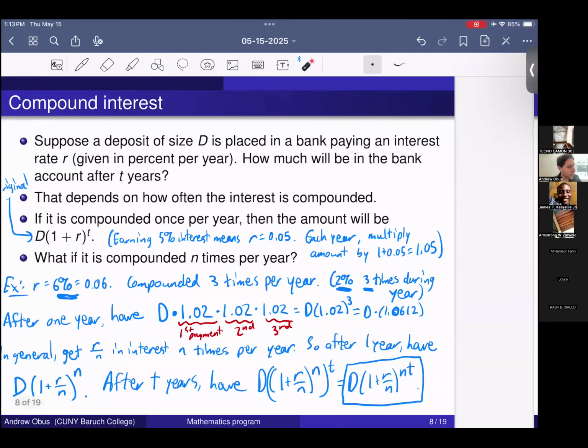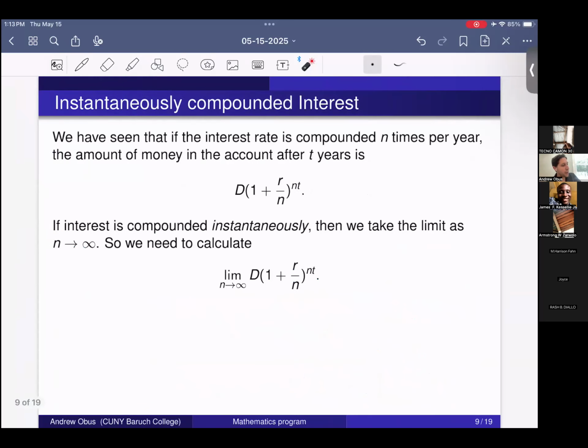Okay, so I'm going to write this on the next page. Right, so we've seen that if the interest rate is compounded n times per year, the amount of money in the account after t years is given by this. So let me label what everything is. This is the initial deposit. Okay, this is the annual interest rate. This n here is the number of times compounded per year.